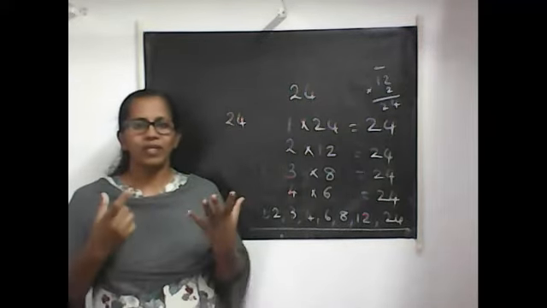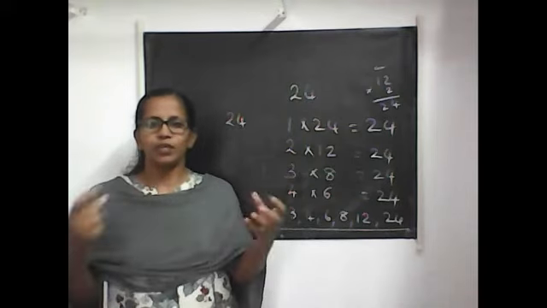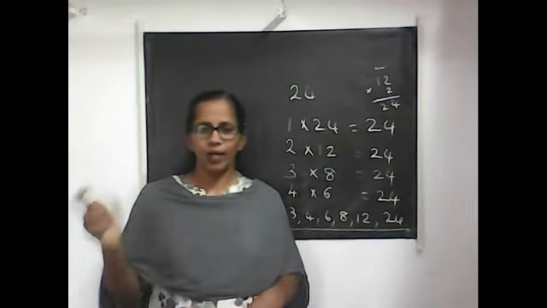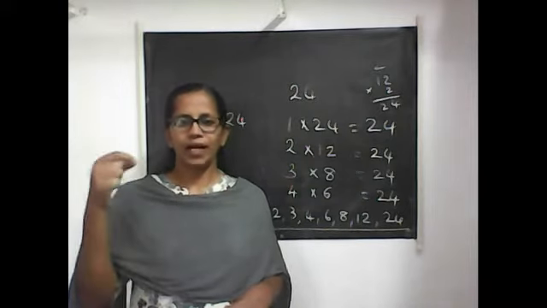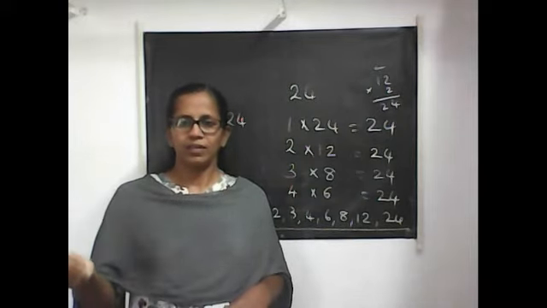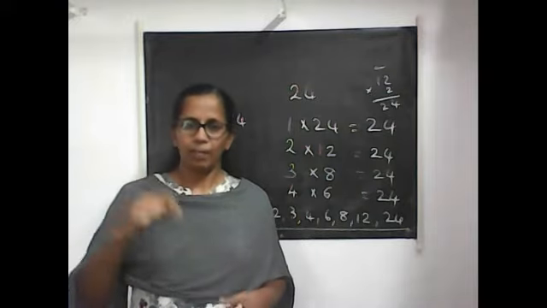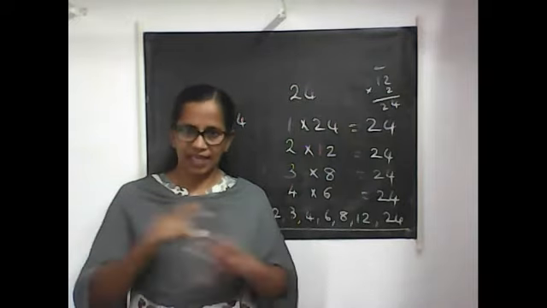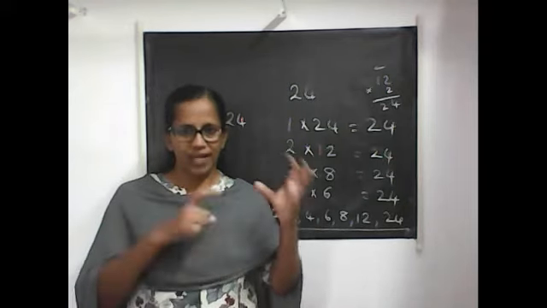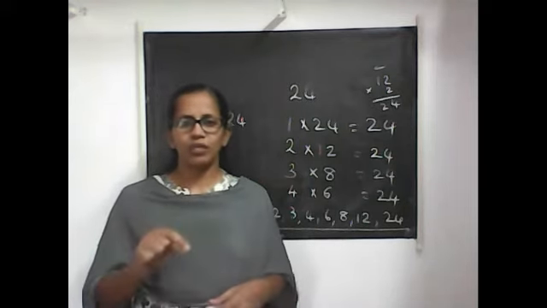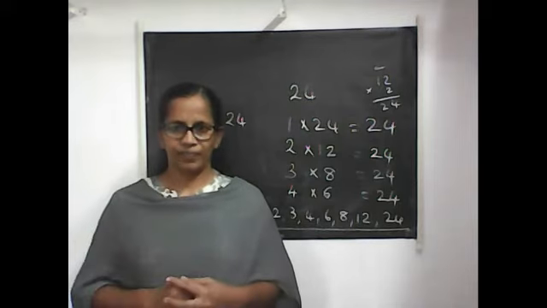Factors means the combination of numbers that you multiply to get this number. Otherwise, you can say that when a number divides another number exactly without remainder, then the divisor we used is a factor of the dividend. Got it?